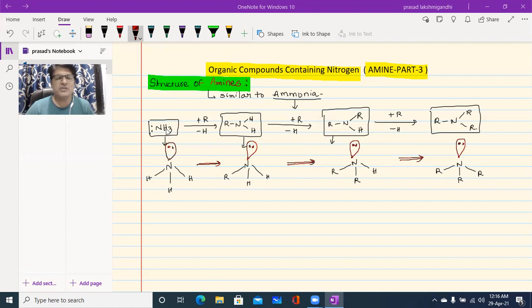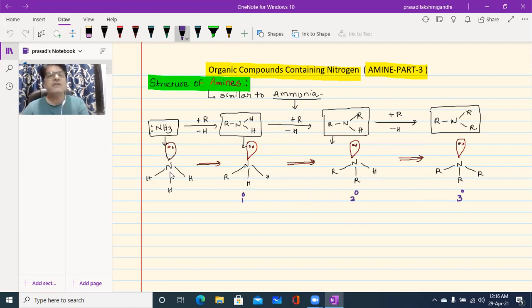According to this structure of ammonia, if we remove one hydrogen, then we get the primary amine, and this is the secondary amine, and this one will be the tertiary amine. So simply we can say that amines, whether primary, secondary or tertiary, are the derivatives of ammonia, isn't it?